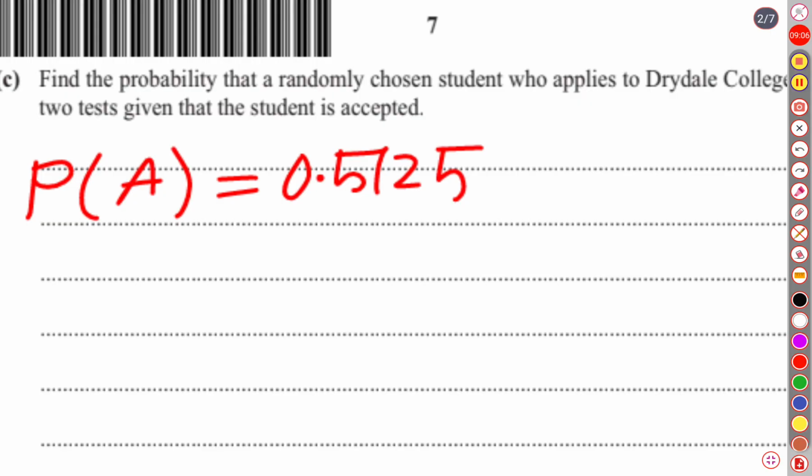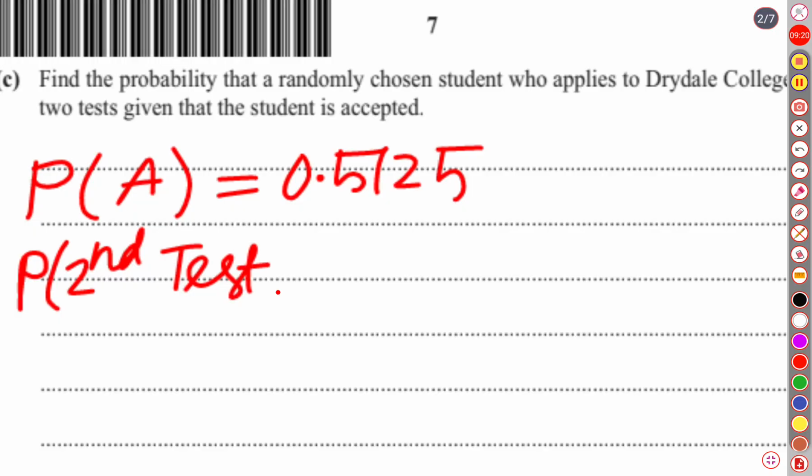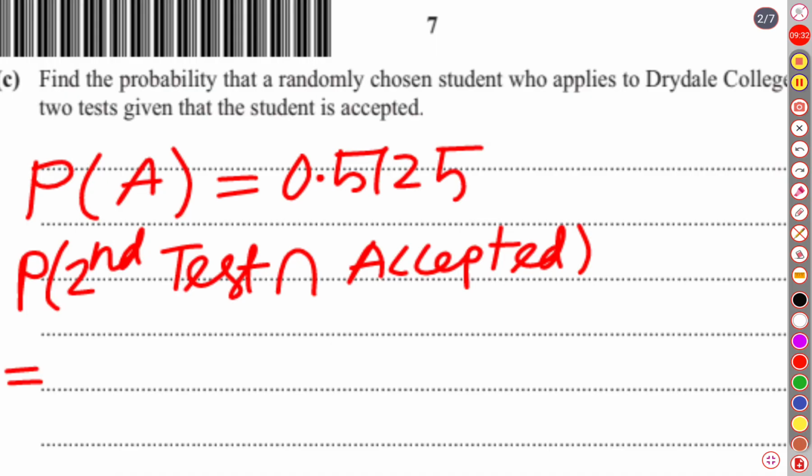Then we will find the probability of second test intersection accepted. Well, what are the possible cases?